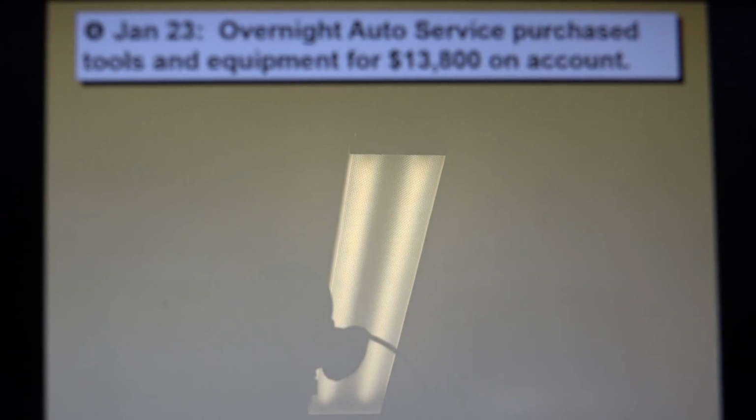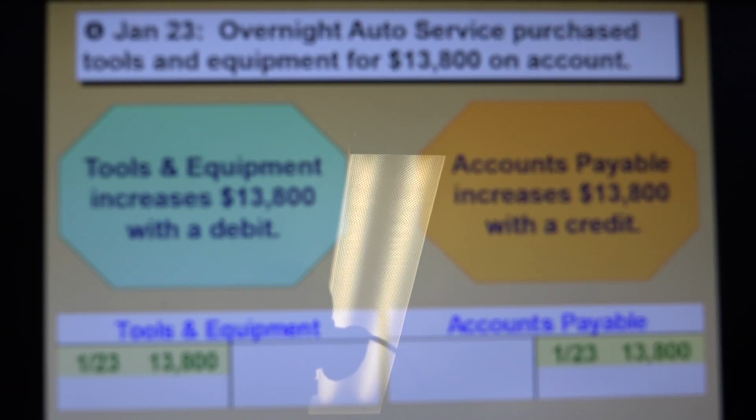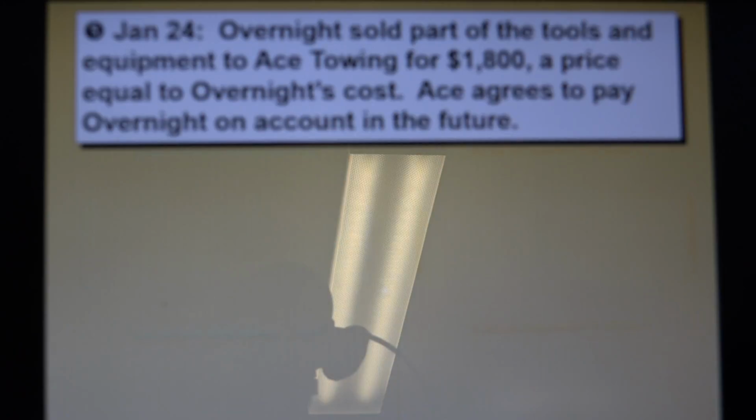Then we pay $13,800 for tools and equipment. So we create another ledger account, tools and equipment, debit it, and credit accounts payable. Notice all these, there's double entry accounting, meaning our debits are always equaling our credits. And here we create another ledger account for a liability called accounts payable.